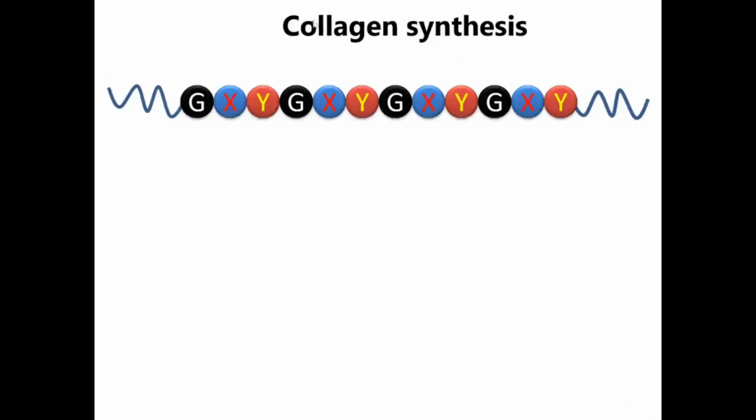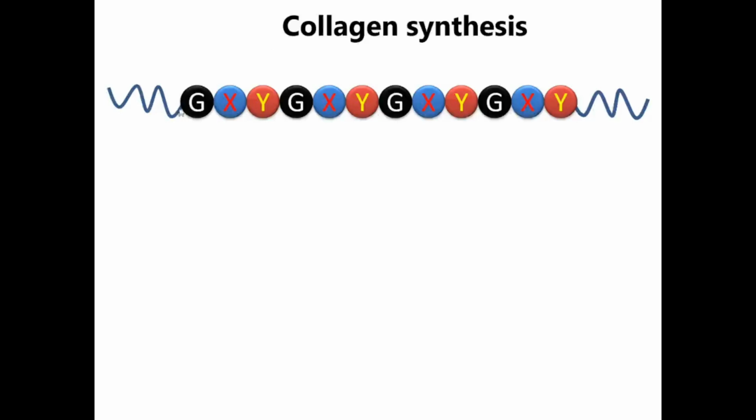About collagen synthesis, as you know, most proteins are produced in two organelles, the RER, rough endoplasmic reticulum, and the Golgi apparatus. Within the RER the protein synthesis starts, with polymerization of amino acids to make a polypeptide.